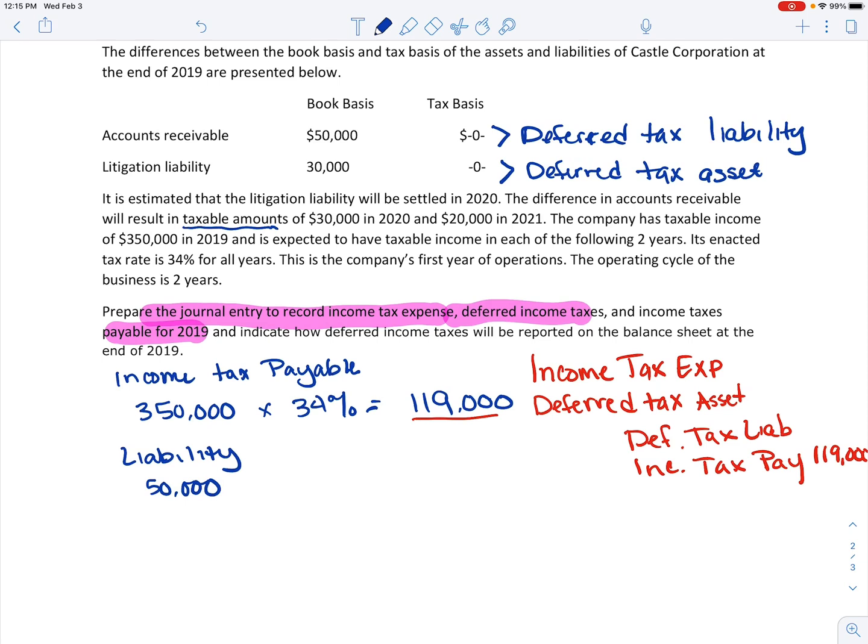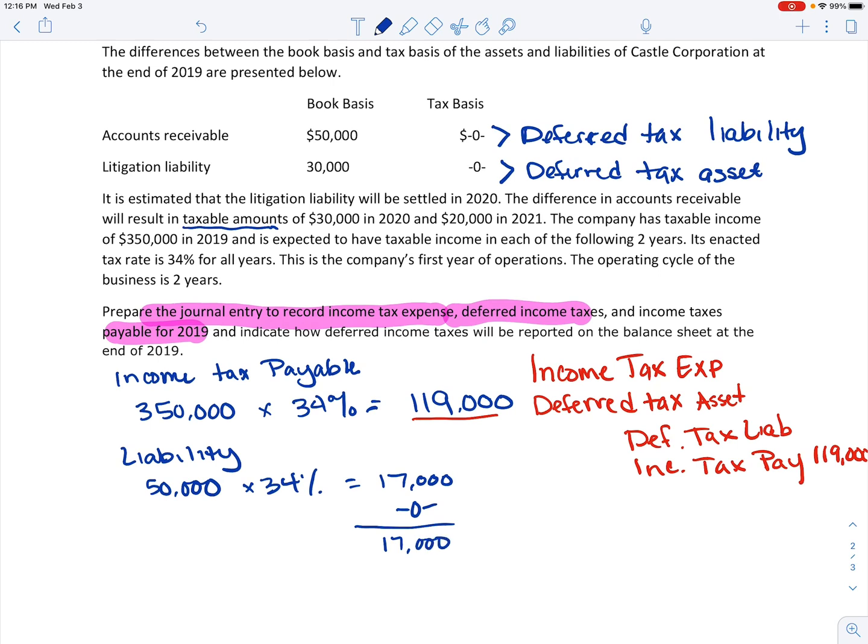That is based on the 34% tax rate, which equals $17,000. Now we can look and see that at the beginning of the year there was nothing recorded, so we don't need to offset that by anything.